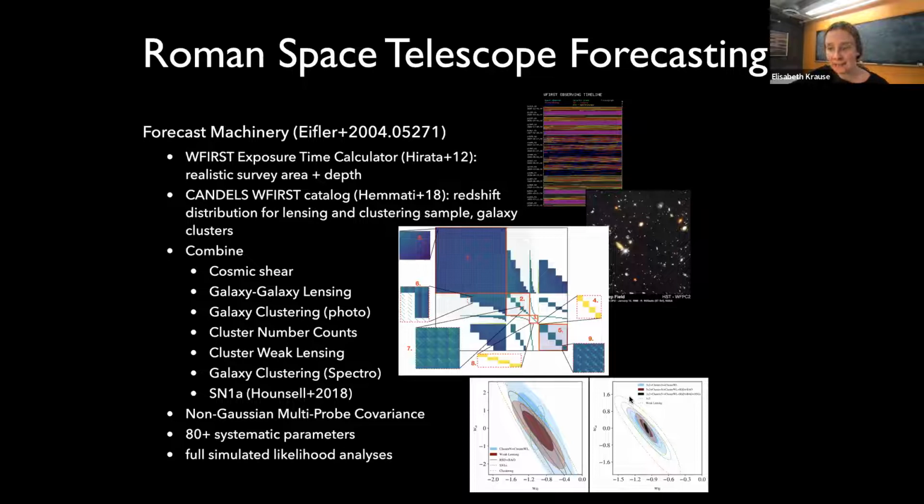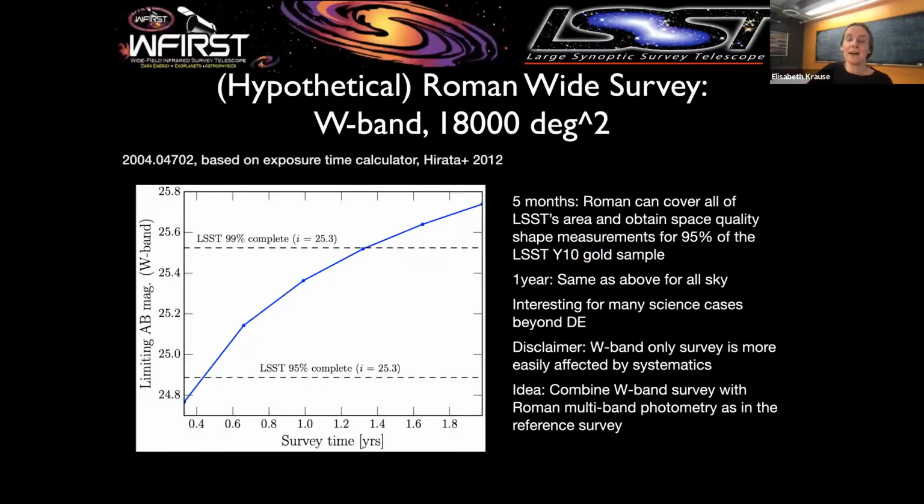More interestingly, what I want to highlight here is the potential for a hypothetical wide survey. Roman also has a W-band filter, which you can basically think of as a light bucket, which means that we can cover a large area with space quality imaging in a short amount of time.